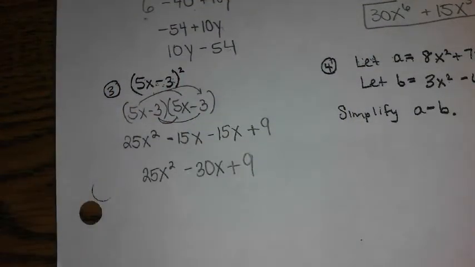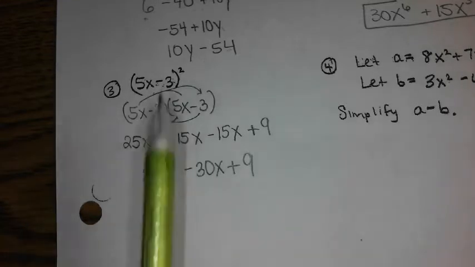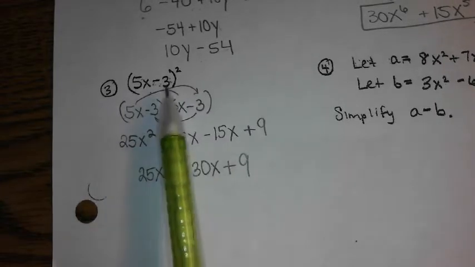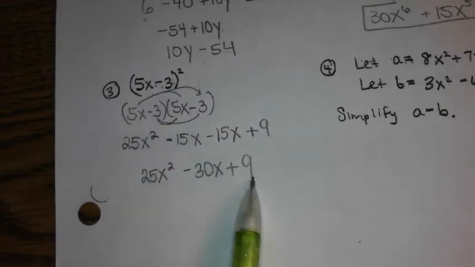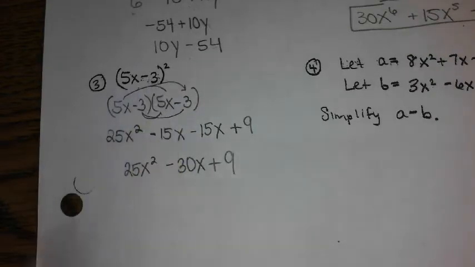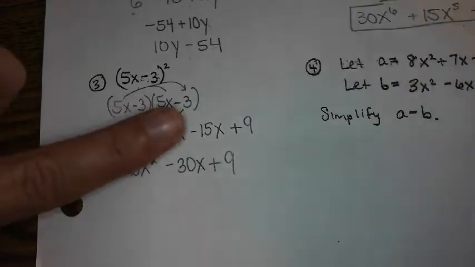So if people squared this right out of the gate, that incorrect way that I was referring to, they would get the 25x squared. They would get the 9. Maybe they would have had minus 9. It should be a plus 9, obviously, because of the double negative being multiplied. What could be the shortcut?